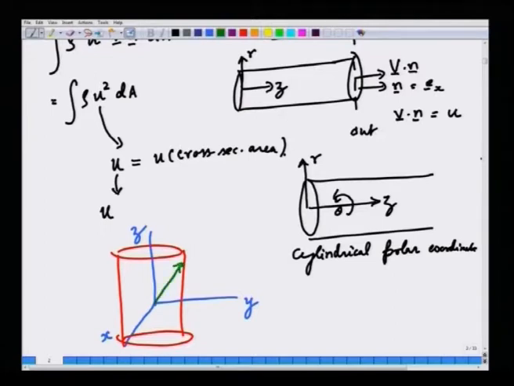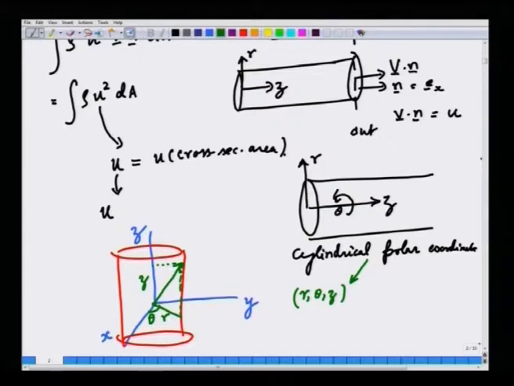First take the projection of the position vector onto the xy plane. The distance from the origin to the projection is r, the angle made with respect to the x axis is theta, and the vertical projection is z, which remains the same. So, any point is denoted by r, theta, z in cylindrical polar coordinates, and whenever you have flow through tubes or pipes, it is convenient to work with cylindrical polar coordinates, because it simplifies the problem a great deal.